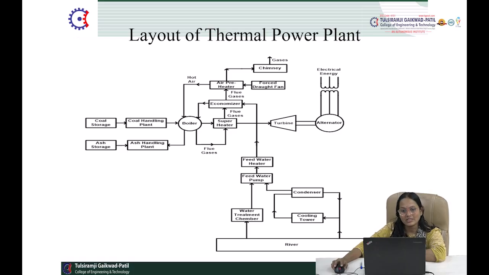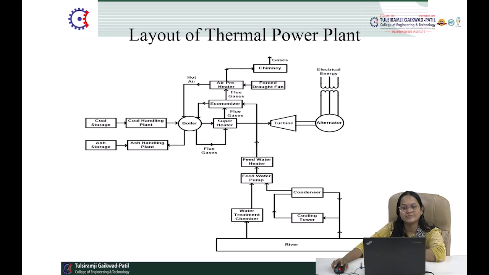Now the next one is the flue gases. One question that arises for all students is why the path of the flue gases is like this, that is from the boiler to the superheater, economizer, air preheater, and then the chimney, instead of going directly from the boiler to the chimney.